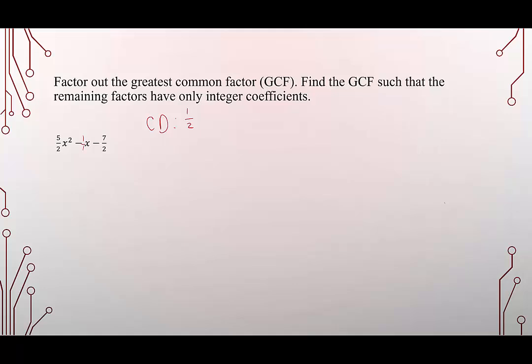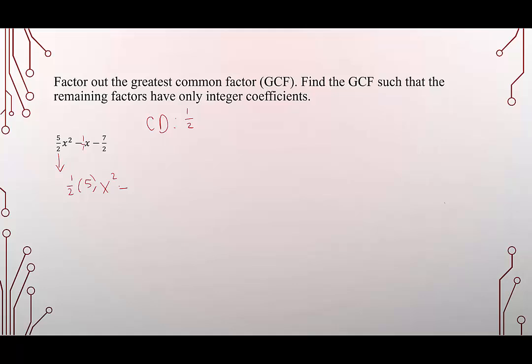So how do we do that? Well, what I'm going to do is take the fractions and rewrite them so that I can pull the 1/2 out ahead of time. So I'm going to break 5 halves up into 1/2 times 5, right? I can do that because I could put 5 over 1 and then we would be back at the 5 halves. So I have 1/2 times 5x squared. In the middle, I have 1 over 1. Well, I want a denominator, I want a half, but before I get to a half, let's get a denominator of 2. How would I get a denominator of 2?